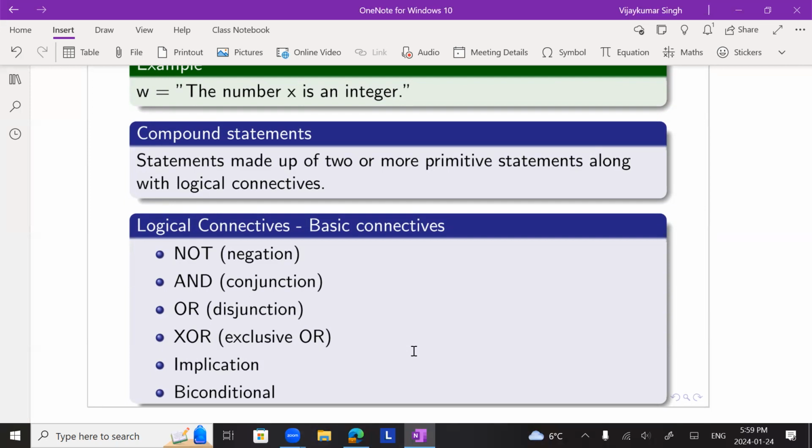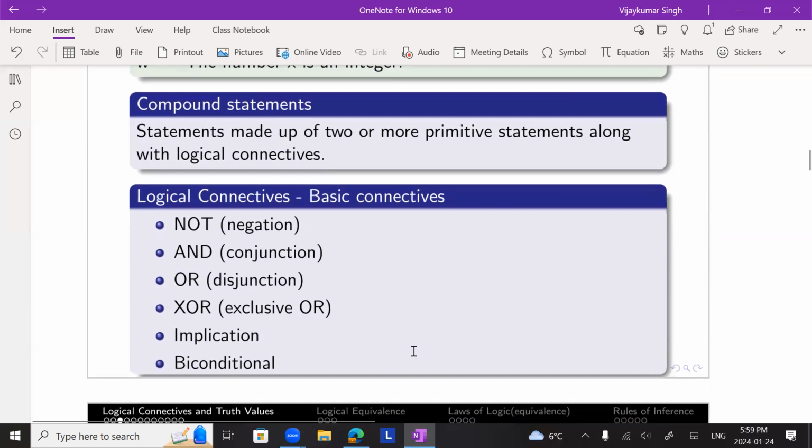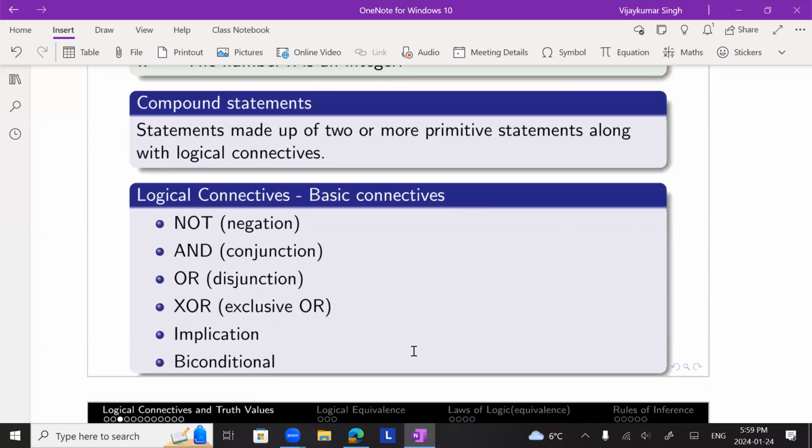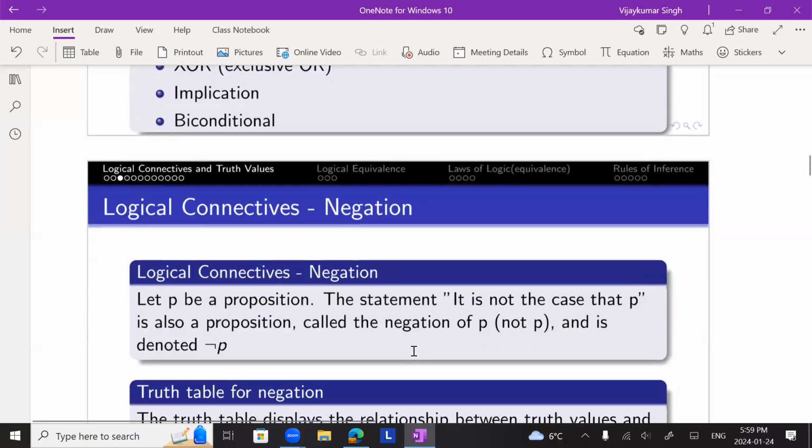What are the connectives we'll be interested in? Not; and, which is also called conjunction; or, which is disjunction; XOR, which is exclusive or; implication; and biconditional. Let's not worry about looking at them right now. Let's go through each one of them one at a time. So the first one is the following.